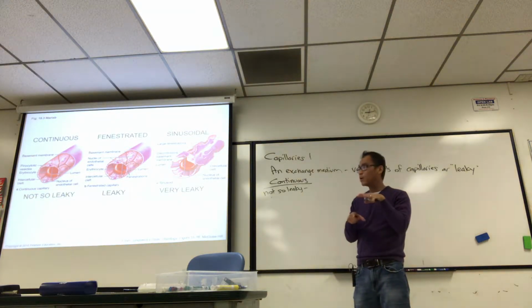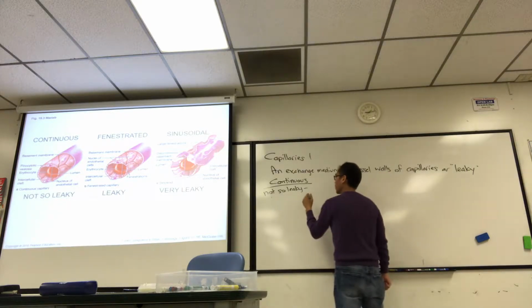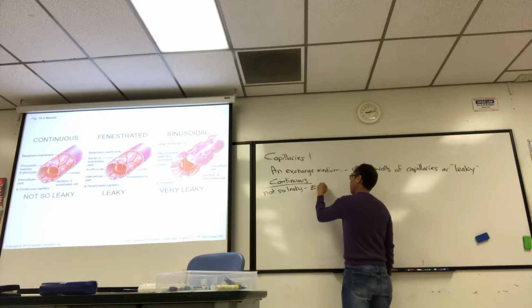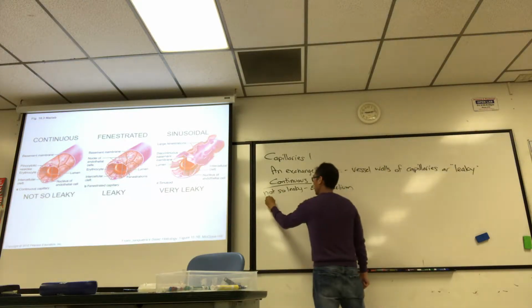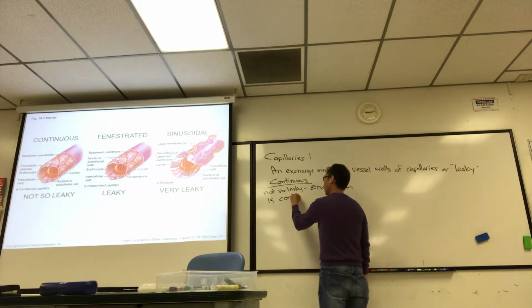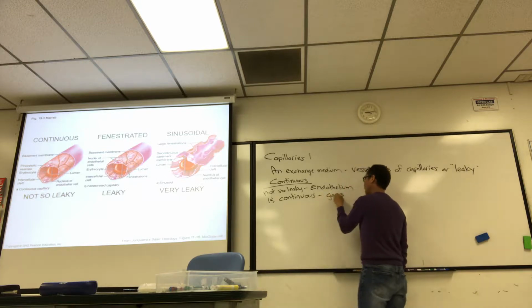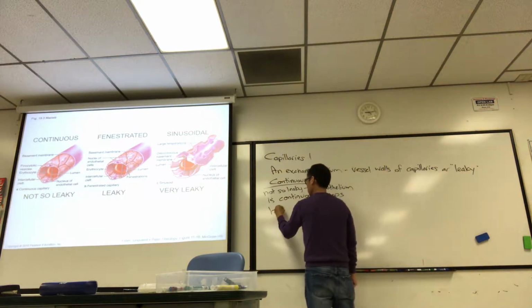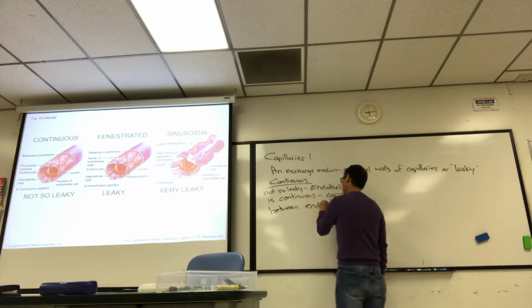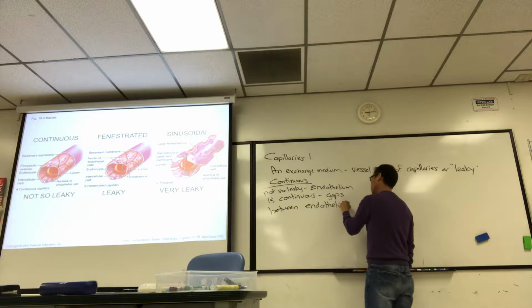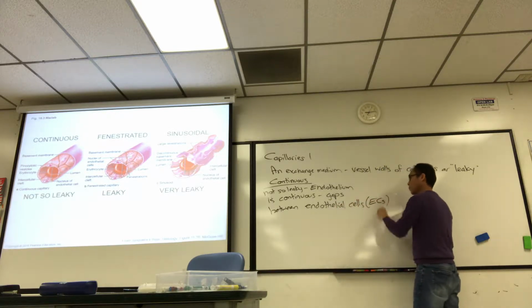If there are gaps between endothelial cells, I just call them ECs for short, they're very small.